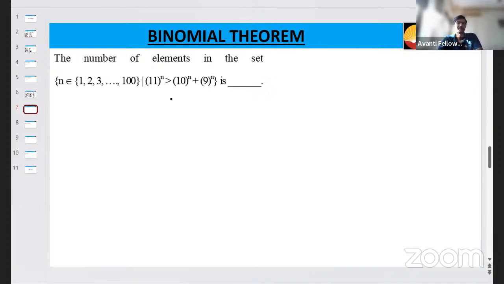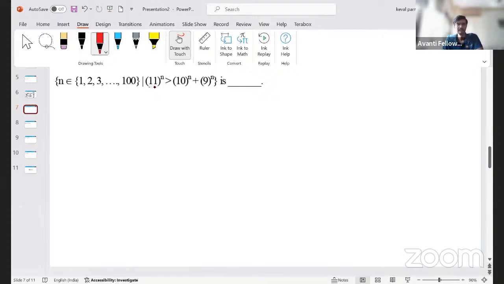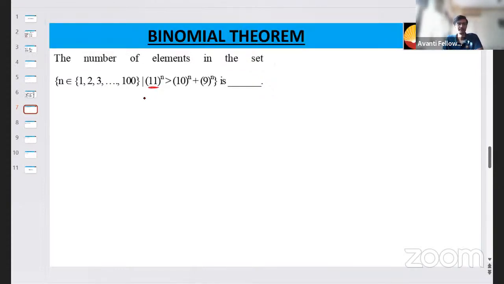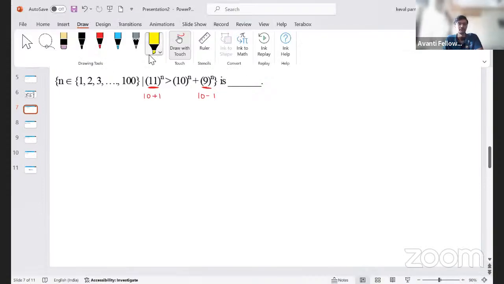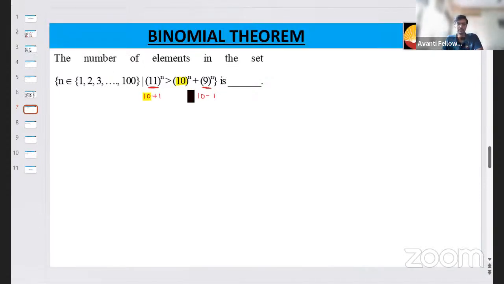So if we directly expand, I think we'll get a problem. But if you see the relation between the numbers, 11 is 10 plus 1, and 9 is 10 minus 1, and we already have 10, right? So there is some relation here.